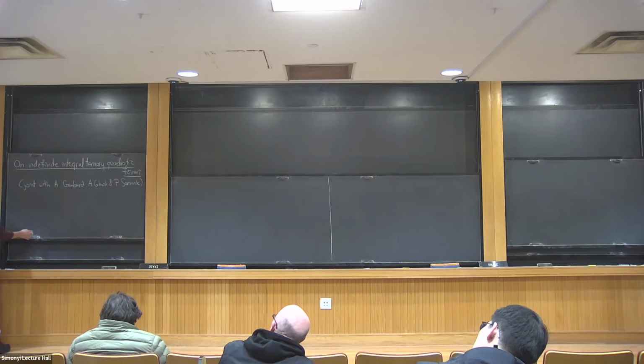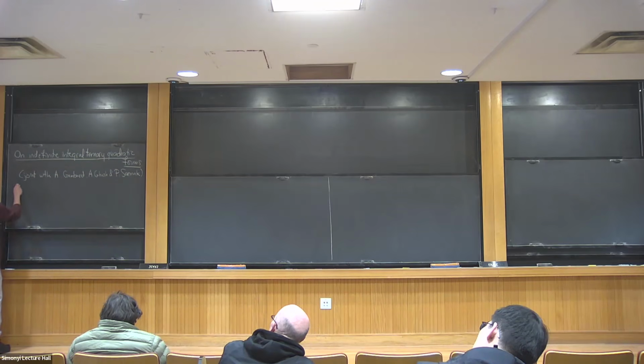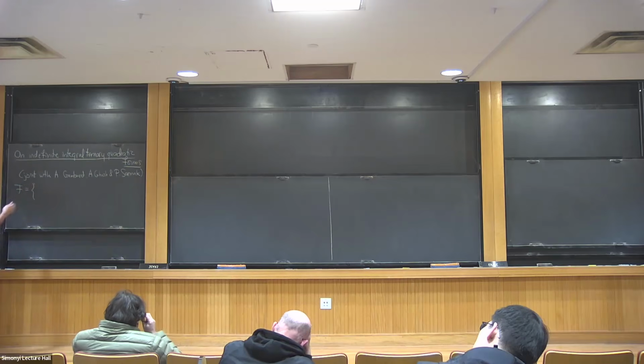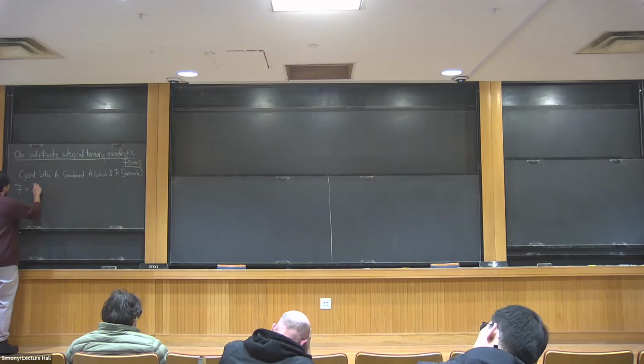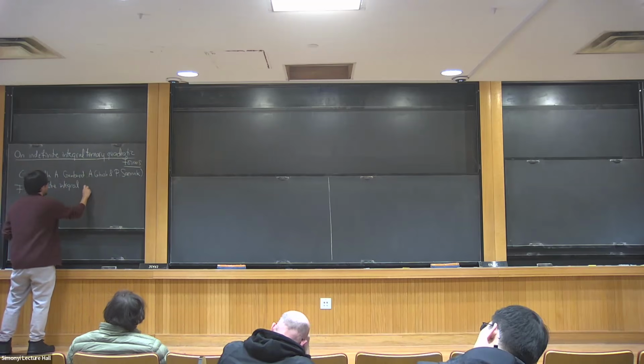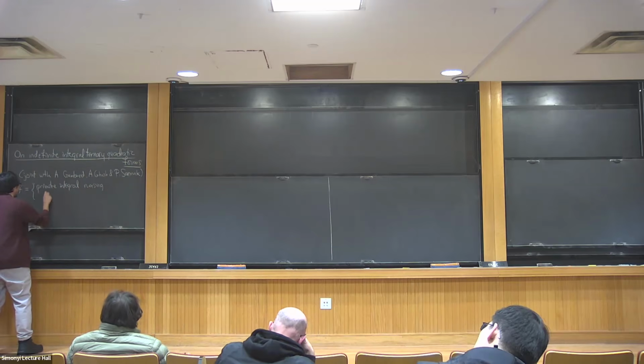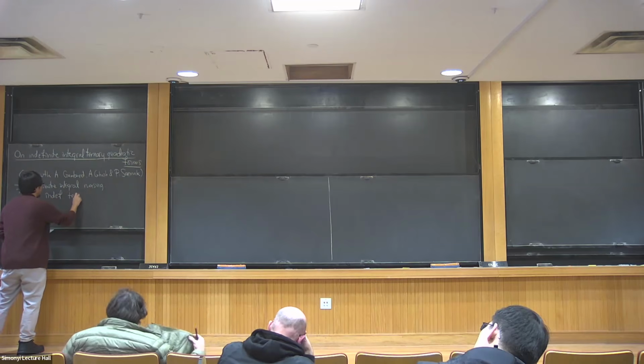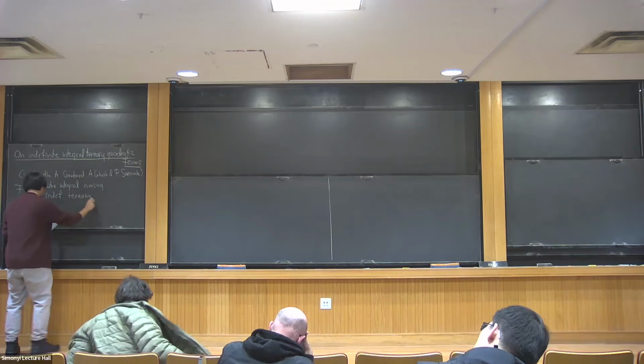At the outset, I want to introduce the notation F and make precise what I work with. These are going to be primitive and integral, non-singular or non-degenerate, indefinite ternary quadratic forms.